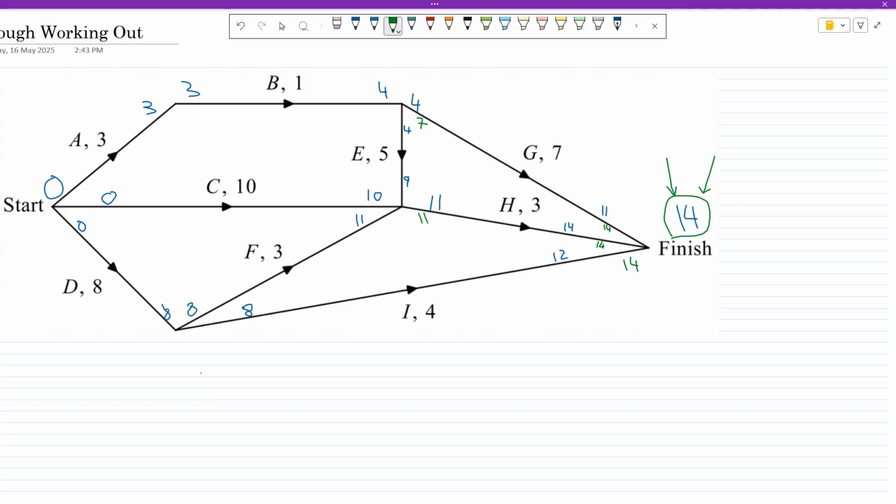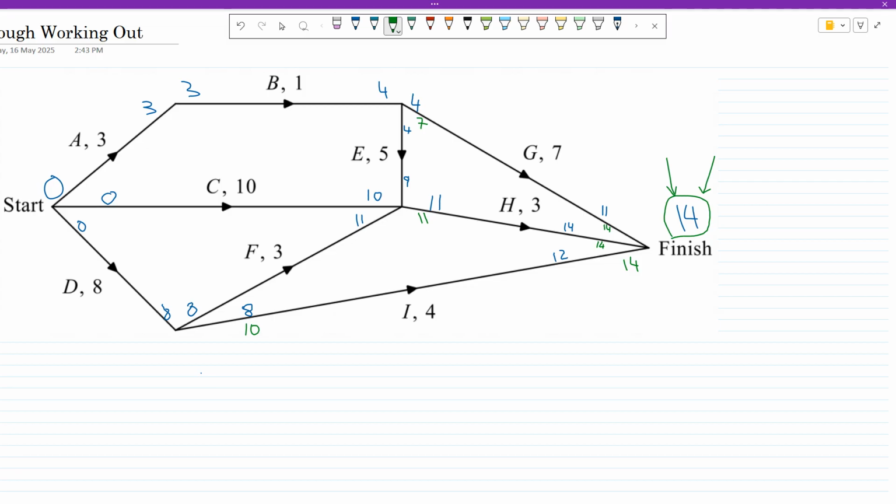My latest starting time is 11. Over here, at activity I, I gotta finish by 14, takes me 4 days, the latest I can start it is day 8. Oh wait, 14 minus 4 is 10, sorry. 10. So my latest starting time is 10.